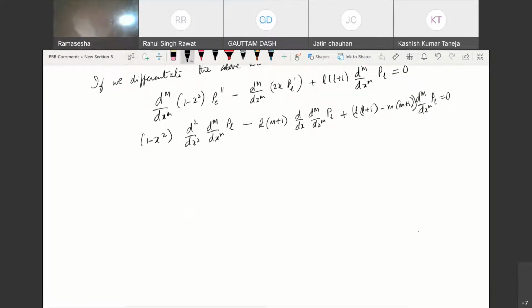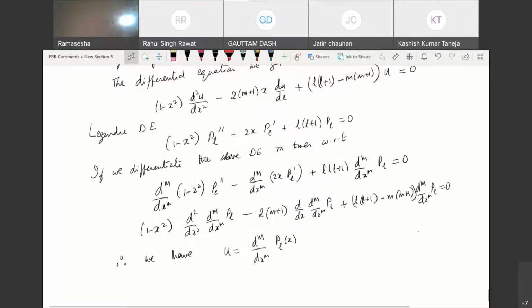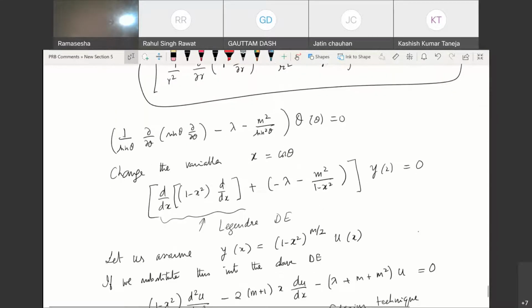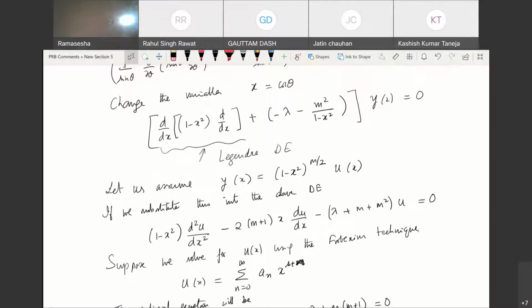Therefore, we have d m P L by dx m. So if that is the solution, then y of x is 1 minus x squared to the power m by 2 times u of x.